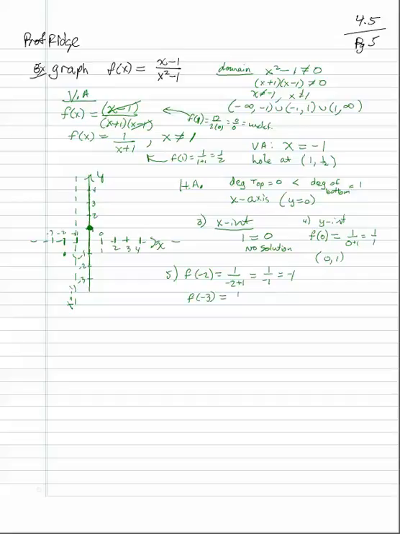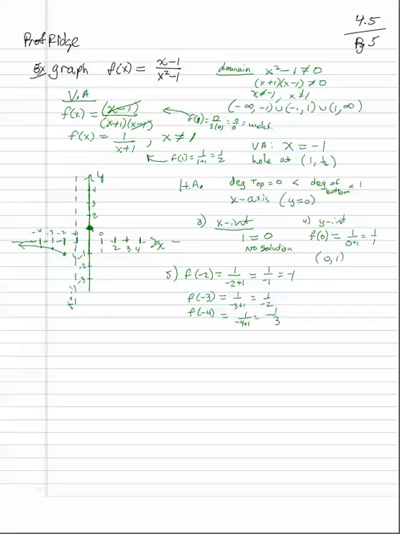So like -3 is going to be 1 over -3 plus 1, which is 1 over -2, right there. If we did f of -4, you get 1 over -4 plus 1, which is -1/3. And you see what's happening now is we have this horizontal asymptote, so it's going to y equals 0 as we get more and more negative, right?